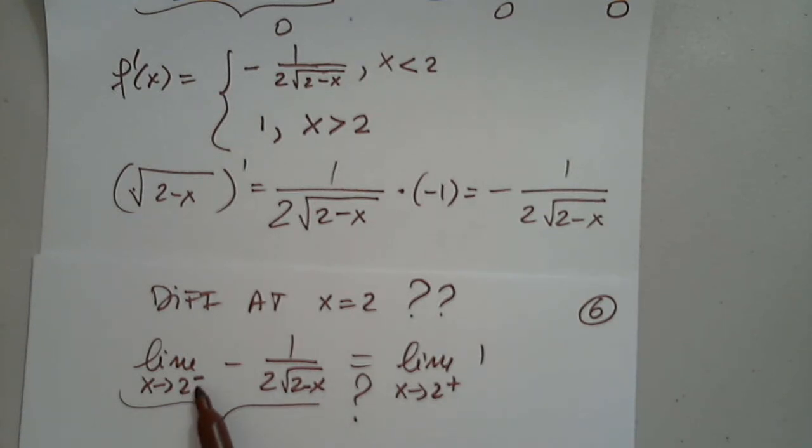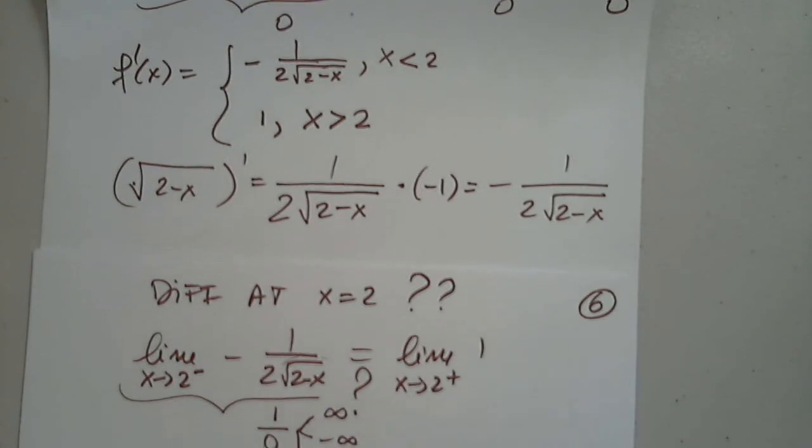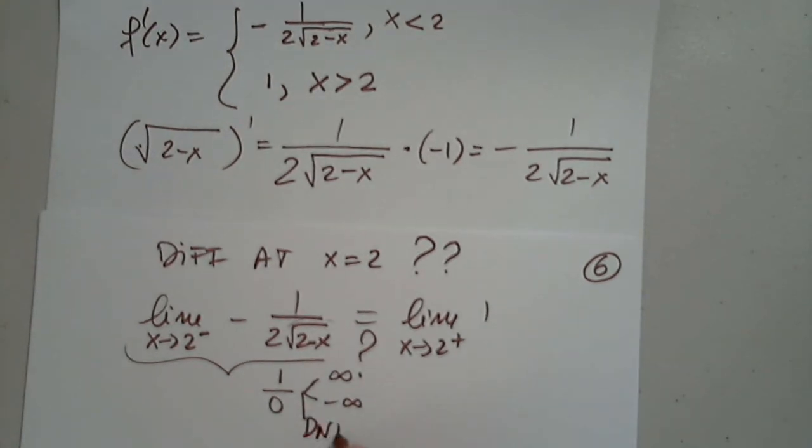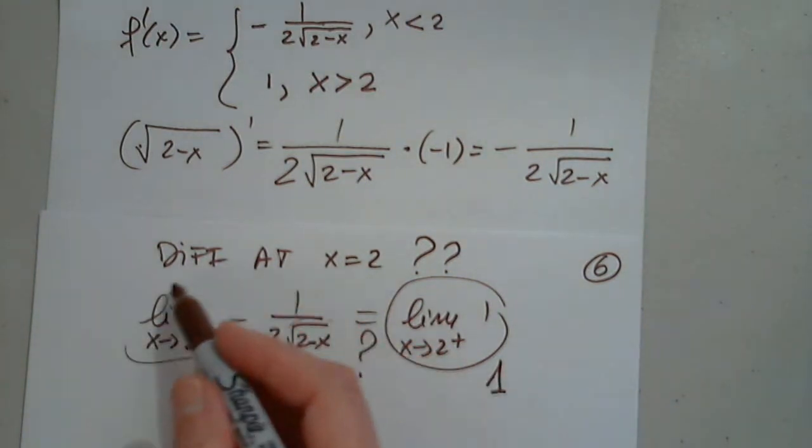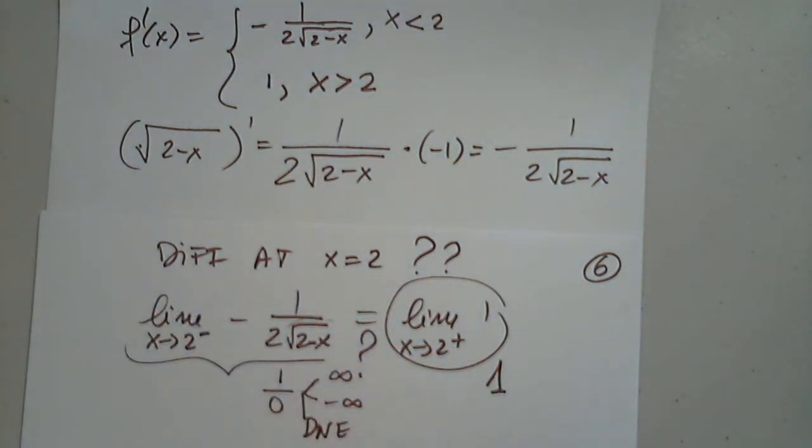So 2 from the left will be like 1.9, but this will be 0. So we know that 1 divided by 0 has no hope. It's either infinity or negative infinity or DNE. This part is 1, and this will never be 1. It's this or this or this. In this case, this is all positive with minus in front.